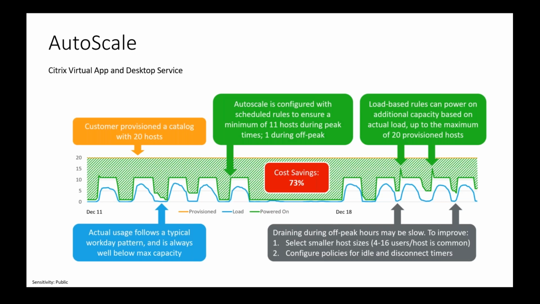Autoscale is a feature that's attached to the Citrix Virtual Apps and Desktop service. So it is exclusive to that platform. That being said, the workloads, as we pointed out here, can run both on-prem and in the cloud. So you can effectively manage workloads wherever they sit in your infrastructure as a result.